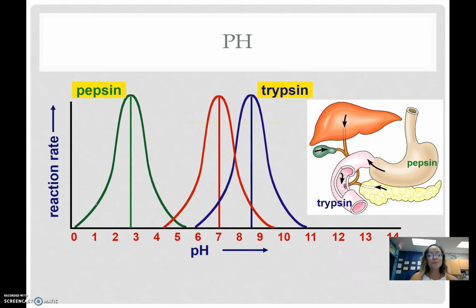All right. So another thing that can influence enzyme function is pH. Here we see a graph, and we can look at pepsin and trypsin, and also an enzyme that's red. We can see that each of them has a very specific pH that they work best at. Now, if we think about what pH stands for, pH is the power of hydrogen. So the more hydrogens you have, the more acidic the environment is.